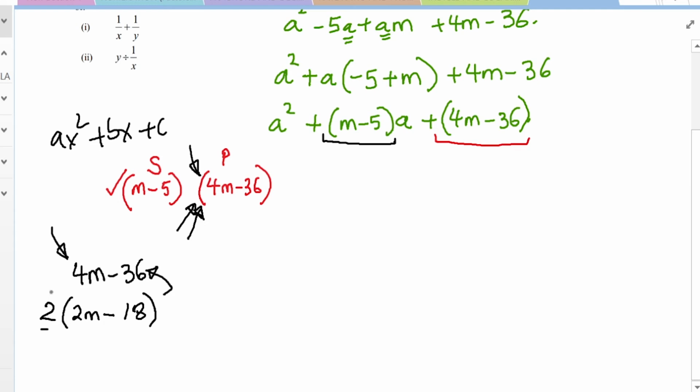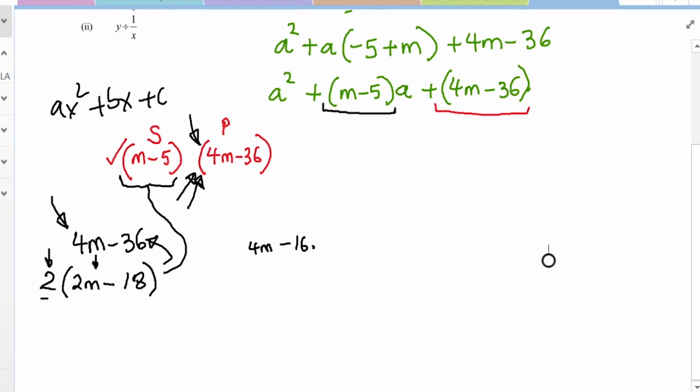But the question is, if I add 2m plus this, will it give me m minus 5? Let's try. 2m plus 2 gives me 4m. Then 2 minus 18 gives us minus 16. So that pair won't work.